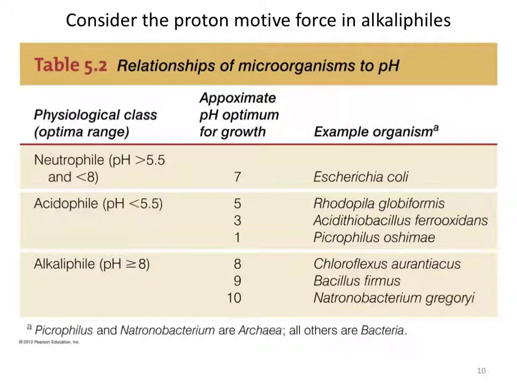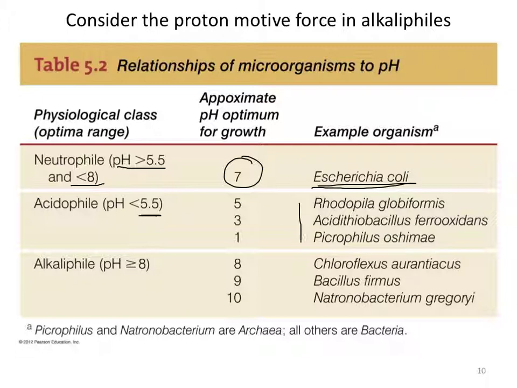So we describe microbes according to their ability to thrive under various pH regimes. We say that neutrophiles like to grow in environments where the pH is greater than 5.5 and less than 8. So they ideally love 7, or neutral pH. E. coli is in that category. Acidophiles like it acidic, so they like pH less than 5.5.